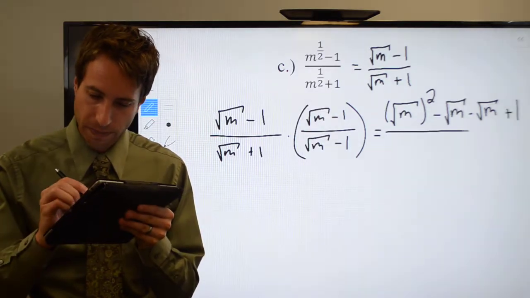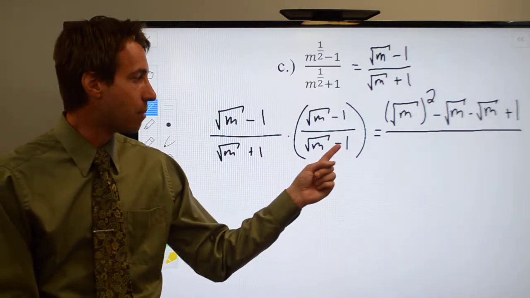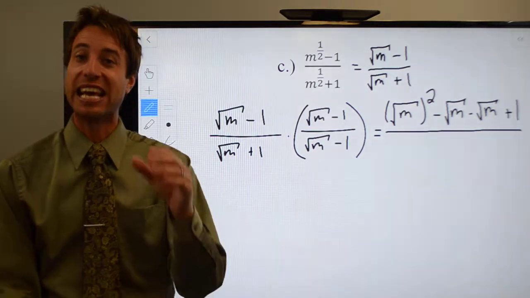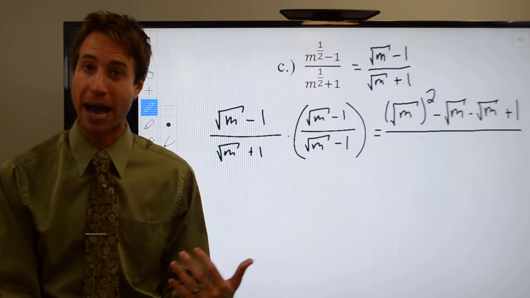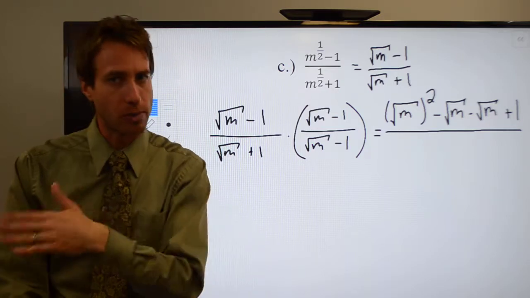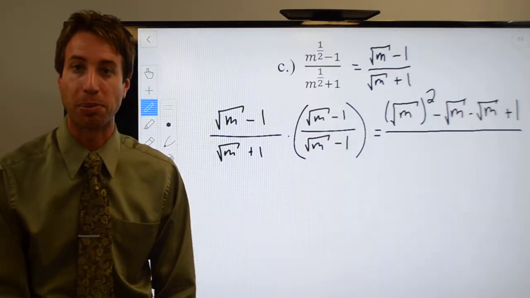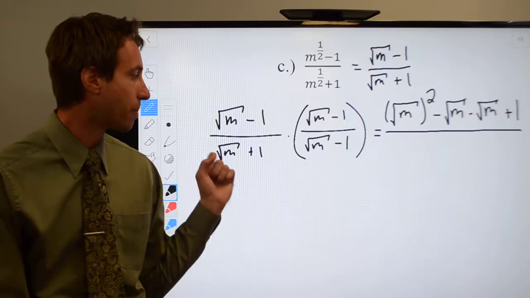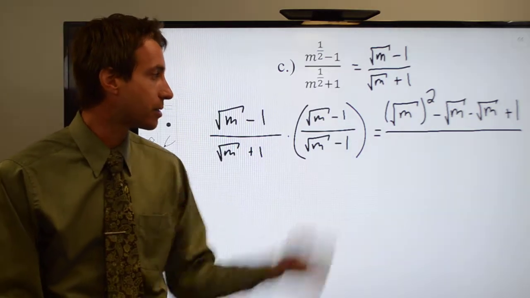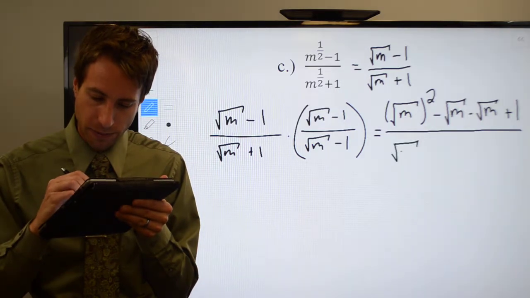That's my numerator. Now remember, in the denominator, the reason I multiply by the conjugate is so the middle terms drop out. Now I won't assume that. I'll show you again how it works, but you should remember from the previous section, those middle terms are just going to cancel out. That's why we multiply by the conjugate. So a square root of m times a square root of m will be a square root of m squared, just like it was above.